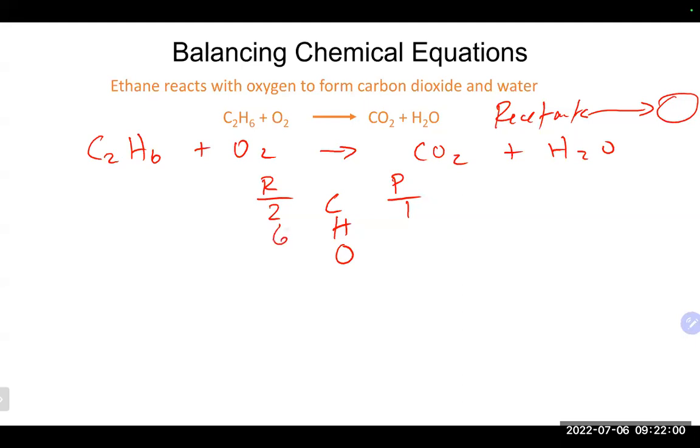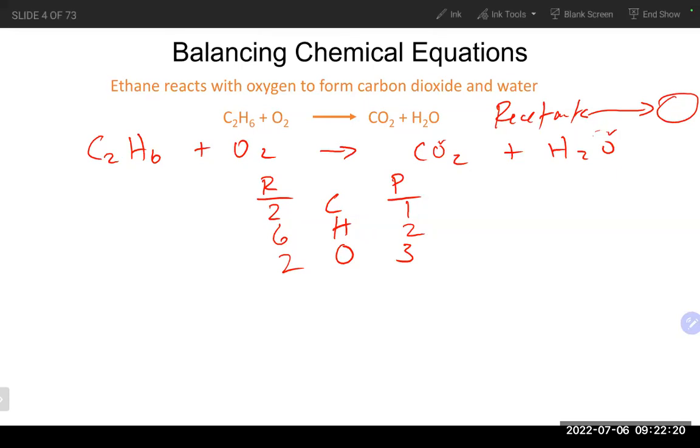Left-hand side, we have 6 hydrogens. Right-hand side, we have 2. Left-hand side, we have 2 oxygens, and right-hand side, we actually have 3 oxygens, 2 there and 1 there, gives us 3. If you want to use a table like this, sometimes it's helpful just to organize everything, and it also gives you a good idea of where you might want to begin.